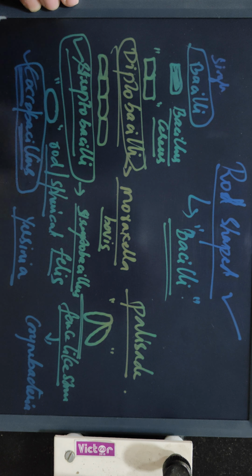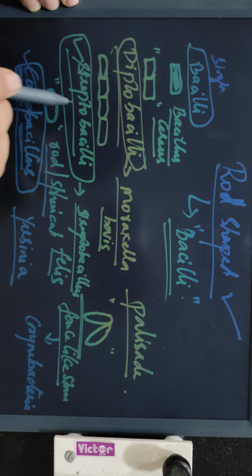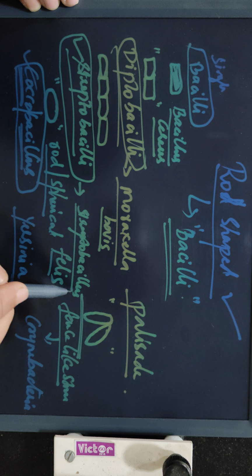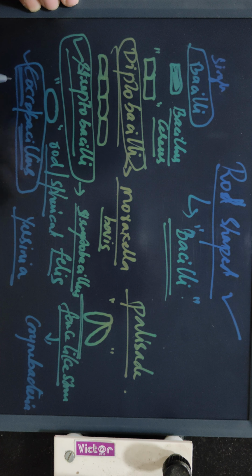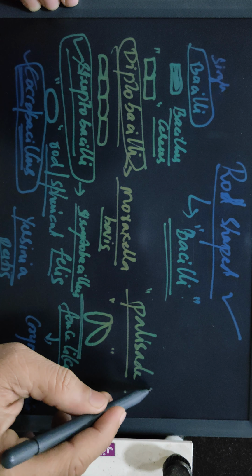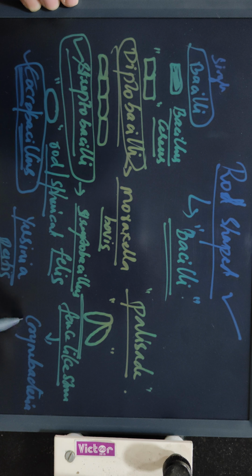And if it is in chain, it is called streptobacilli. Example is Streptobacillus felis. If it is neither rod nor spherical, it is called cocobacillus. Example, Yersinia pestis. Palisade, fence-like structure. Example, Corynebacteria.